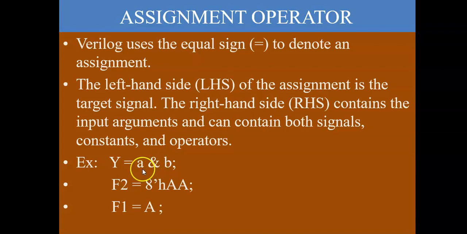So here an AND operation is performed on the operands A and B and it is assigned to Y. Similarly, we are representing a constant. F2 is assigned with a constant. Here, as you know, 8 represents the size, 8 bits. H means it is a hexadecimal number. Its value is AA, or you can also consider this as simply the alphanumeric value A.